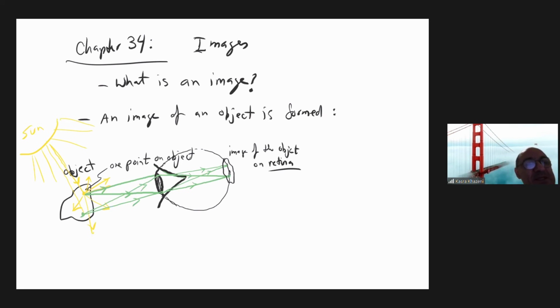Let's do one simple image that we have probably seen in our lifetime. This is a natural image that gets formed. This is called a mirage. I'm sure some of you have seen a mirage on a hot summer day, driving down a long highway like Highway 5 that goes from here to LA.